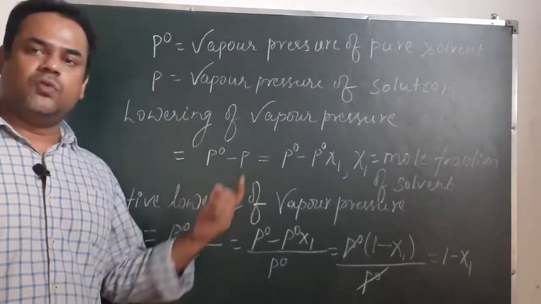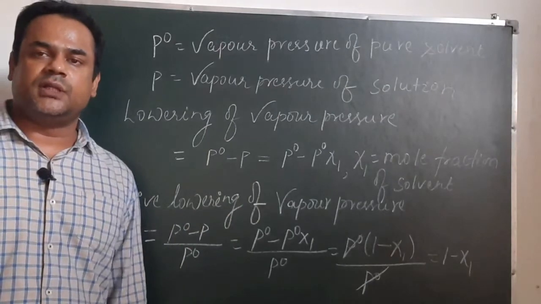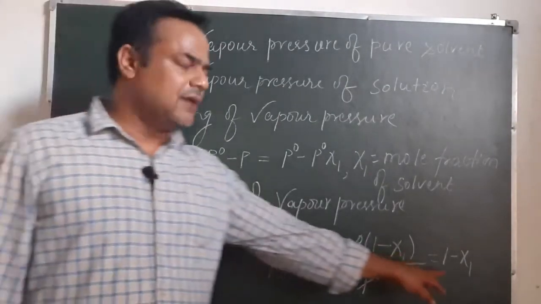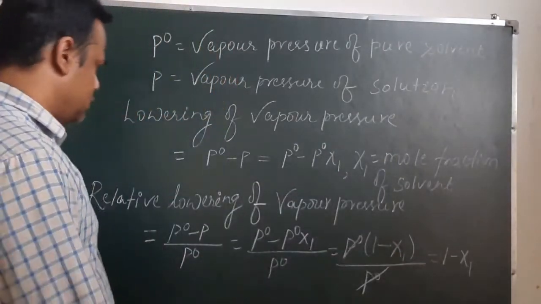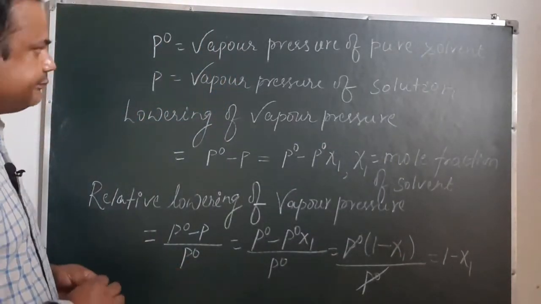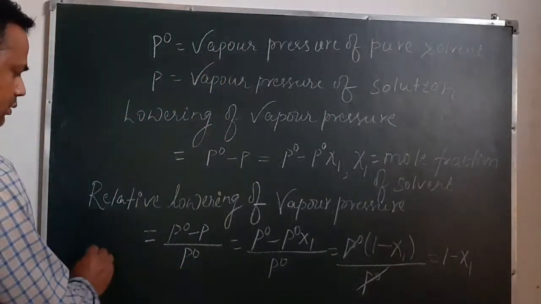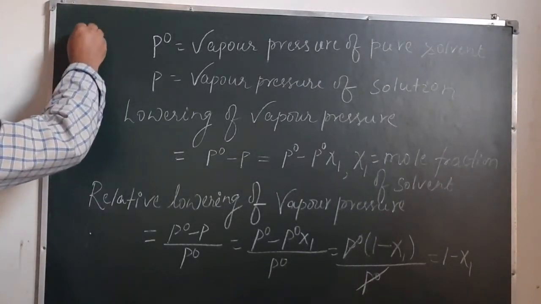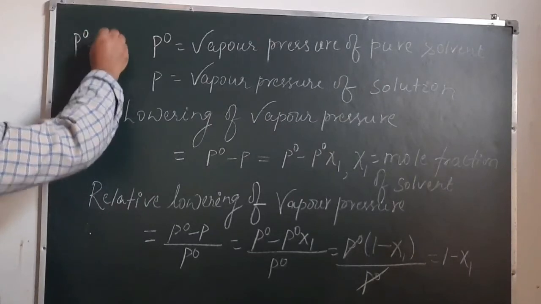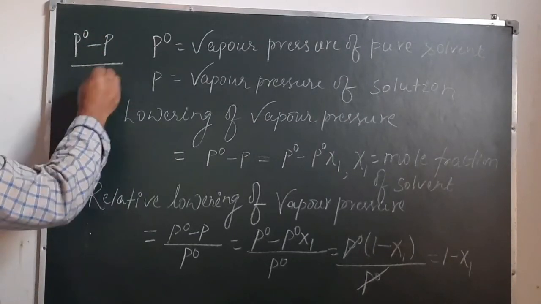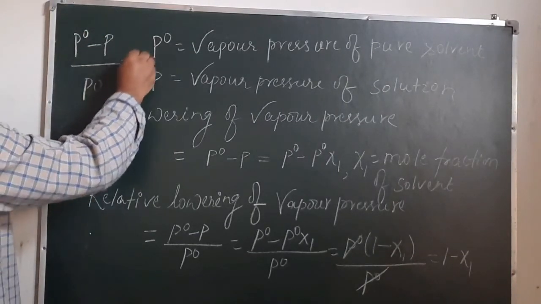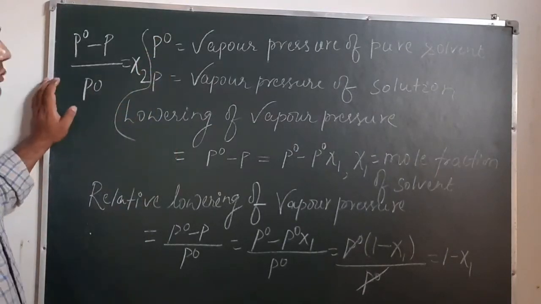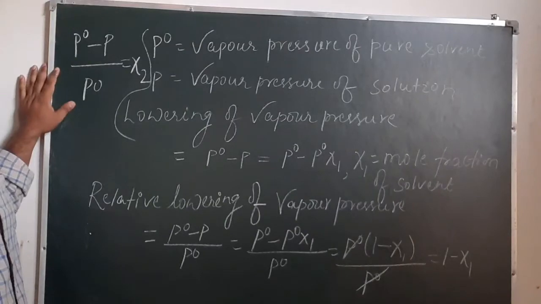Whenever we add the mole fractions of all components of a solution, it is always equal to 1. So 1 minus chi1 will be equal to chi2. So we can write P naught minus P divided by P naught equals chi2. This has become the relative lowering of vapor pressure.